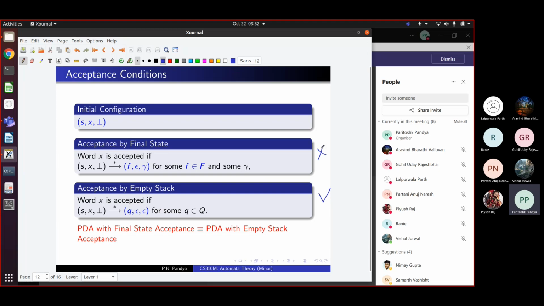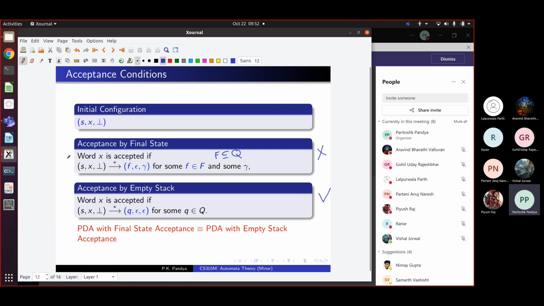But there is one more notion of acceptance which does not require the stack to become empty at the end. Instead of that, you have a set of final states, F, some subset of Q, the set of states. These are final or accepting states, and from the starting configuration, if you wind up in a final state after processing the whole word, even if the stack is non-empty, because you reach the final state, you will accept.